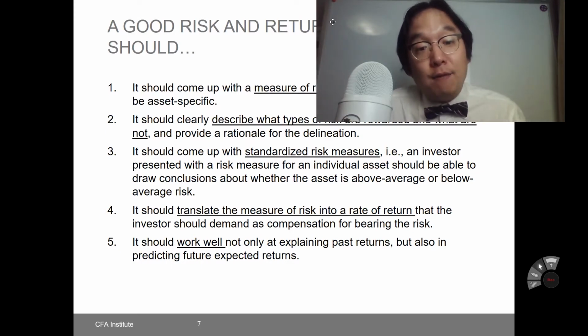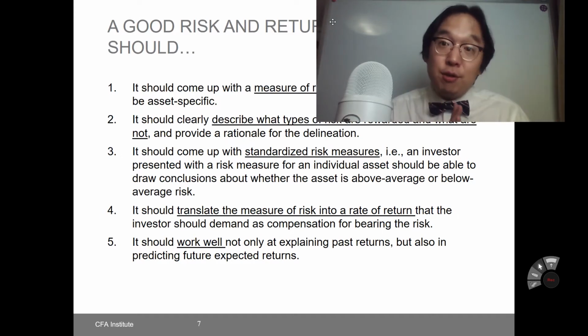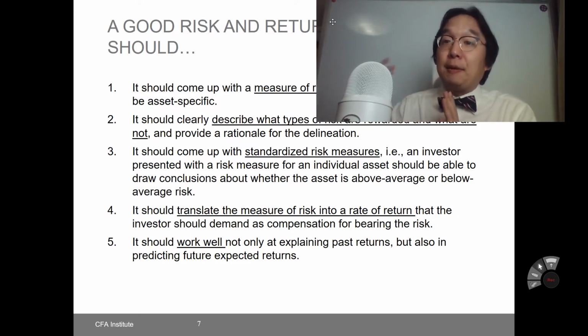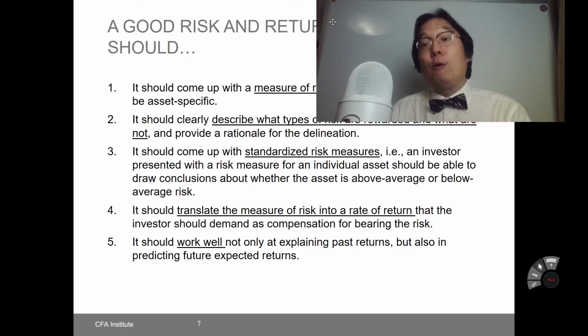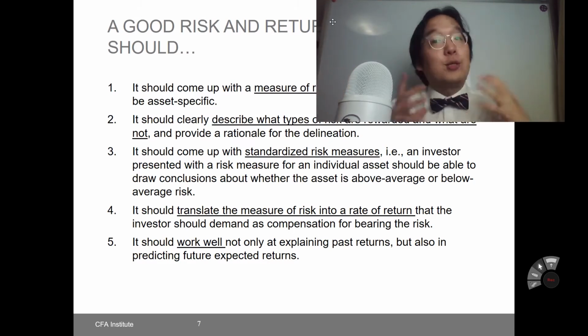And number 5, it should work well, not only at explaining past returns, but also at predicting future expected returns. This is a common problem when you're dealing with big data or historical data.